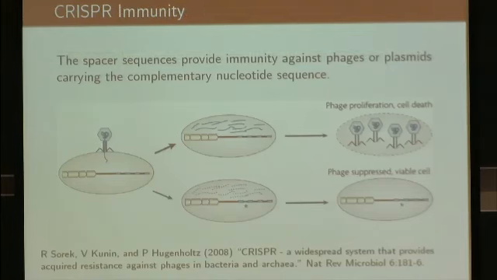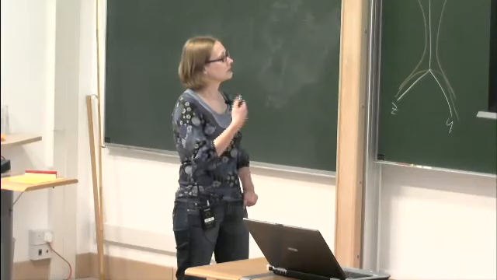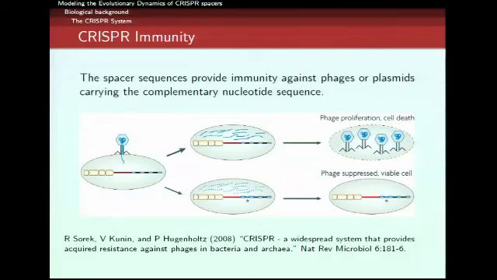So what we need for this talk later is that if a virus infects the cell and the cell does have a spacer that exactly matches the genome, it can defend against the virus and live on. But if it doesn't, the virus can multiply inside the cell.